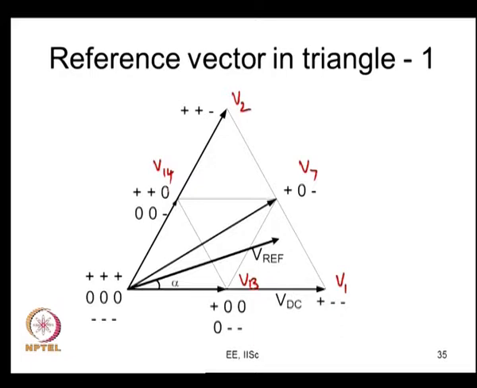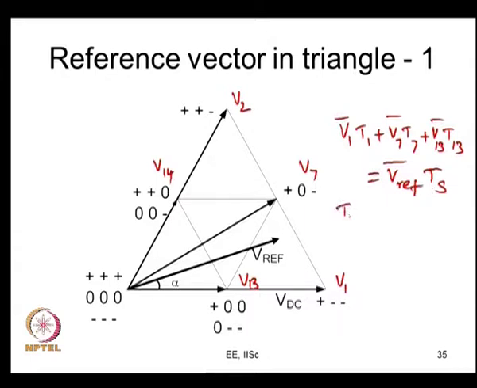Now, what you have to do is V1 vector T1 plus V7 vector T7 plus V13 vector T13 equals V reference vector Ts. This is the volt second balance equation. This is a vector equation, so it contains 2 equations. Then the other equation is T1 plus T7 plus T13 equals Ts.